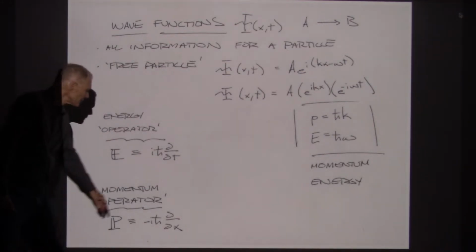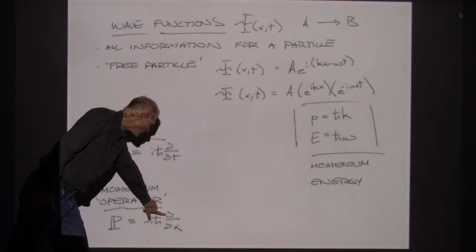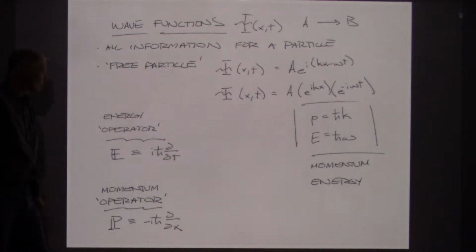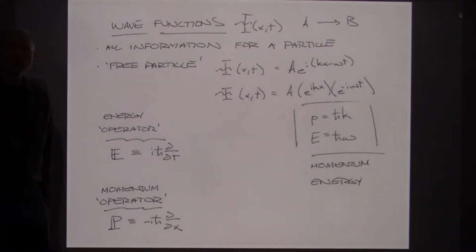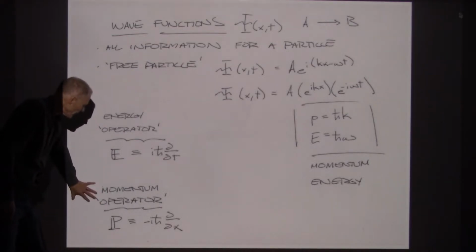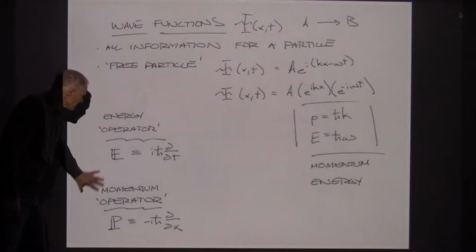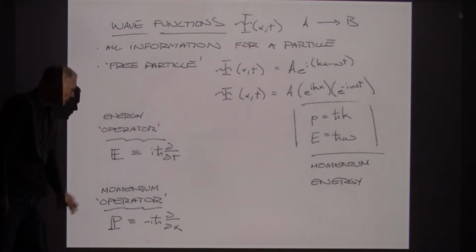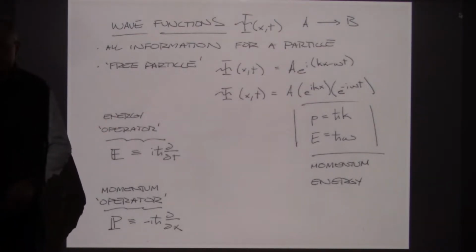Momentum can be taking partial derivatives with respect to x, multiplying by minus i h bar. This is a little weird, but this is what we think of as telling us about the energy and momentum of a particle, and here's why.